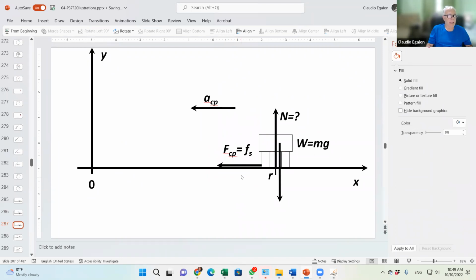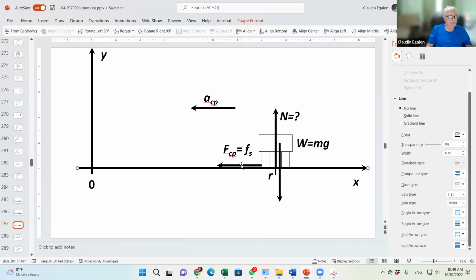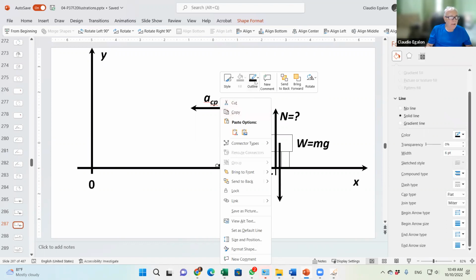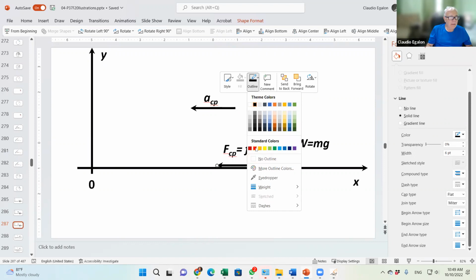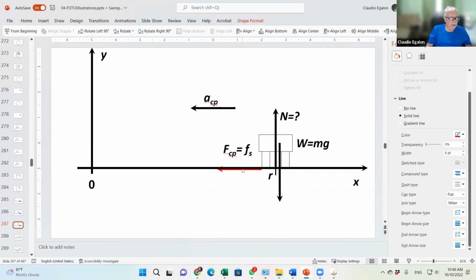And this force of static friction is applied towards the center of the circle. So that's the little secret that you have to remember when solving this type of problem.